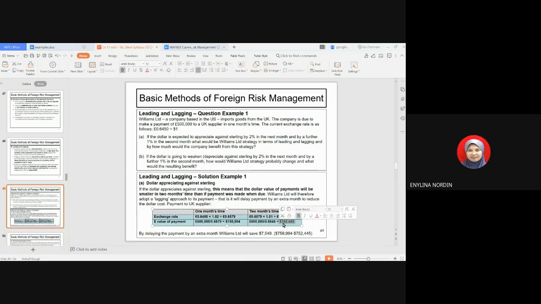So it becomes cheaper for the US company. So that's why the US company prefers to delay, to lag, the payment. This is what we call the lagging strategy. By delaying the payment by 1 more month, the US company will save $7,559.